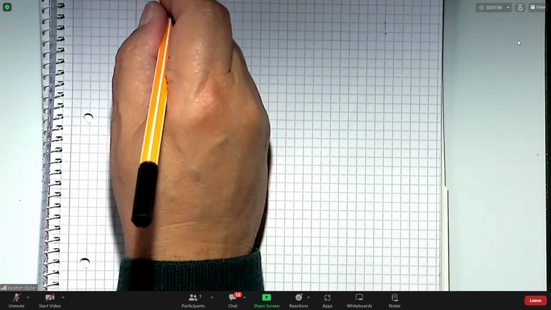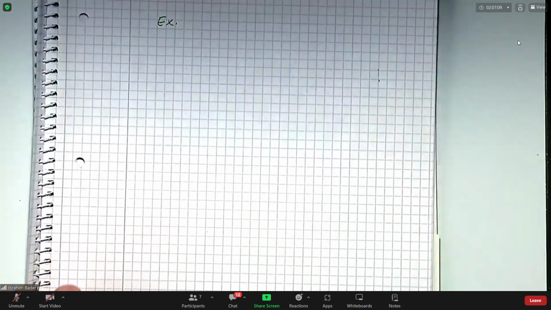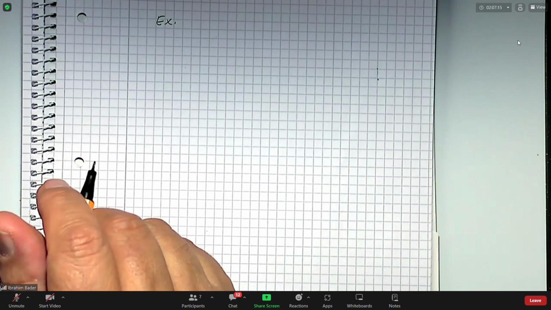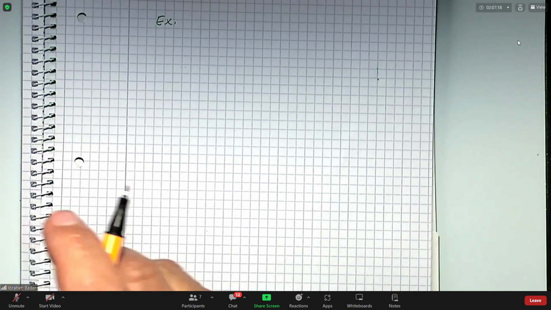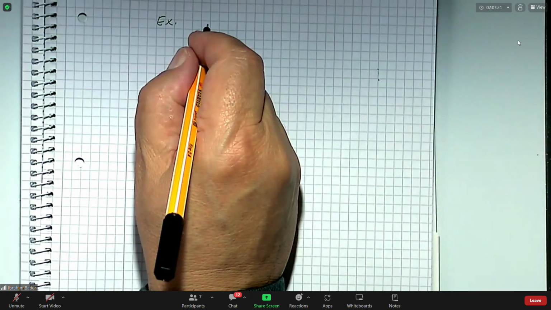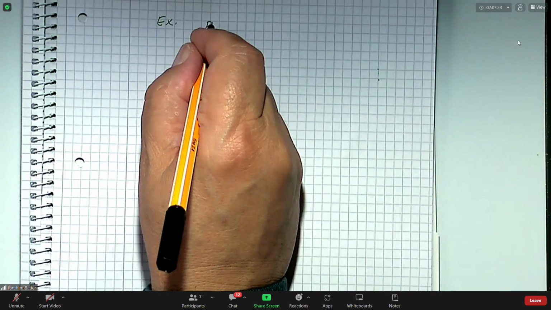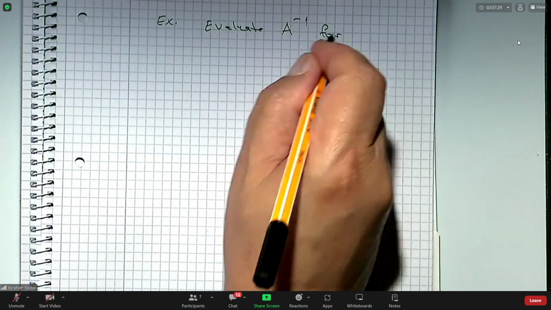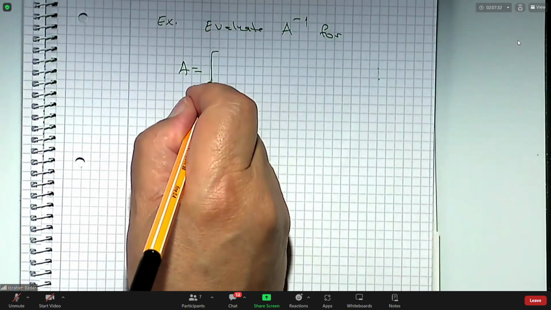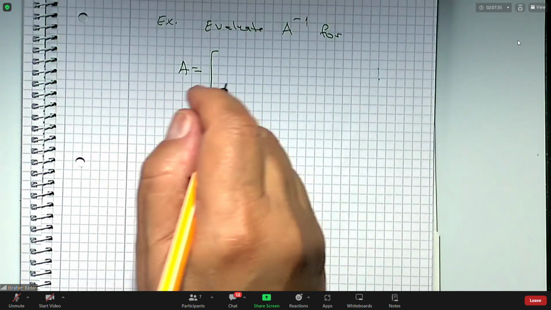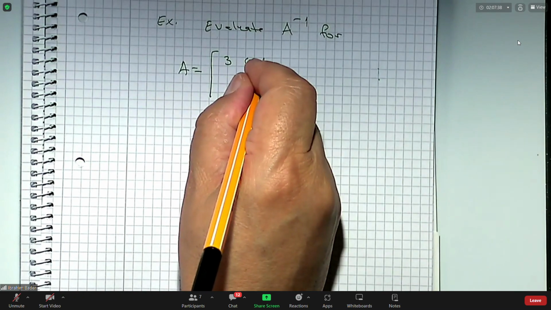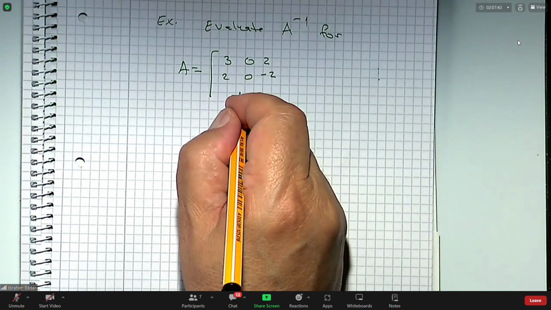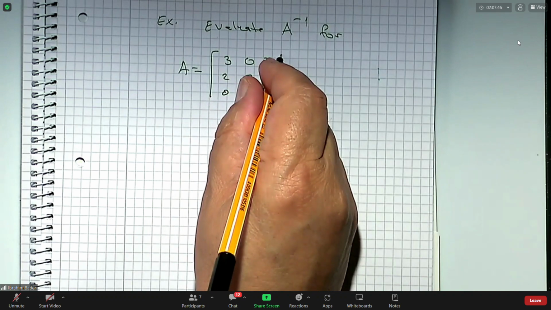Example: evaluate the inverse, A inverse, for A equal to 3 0 2, 2 0 negative 2, 0 1 1. I have some zeros so that we don't have many steps. Of course, there is a shortcut, which is just a little bit more complicated than 2 by 2.